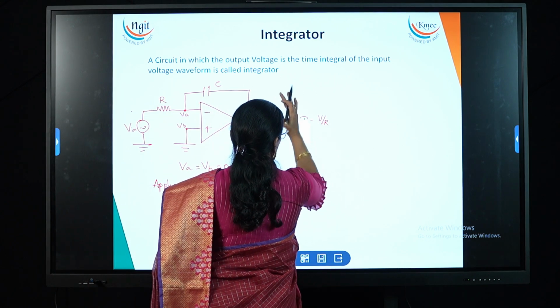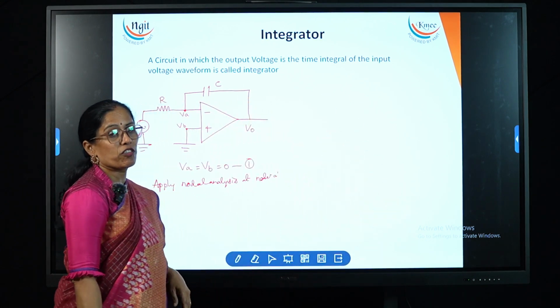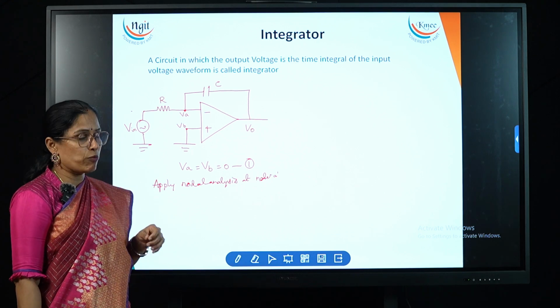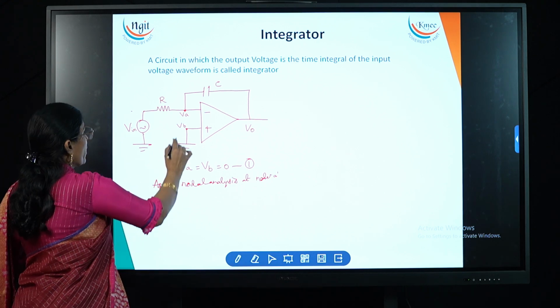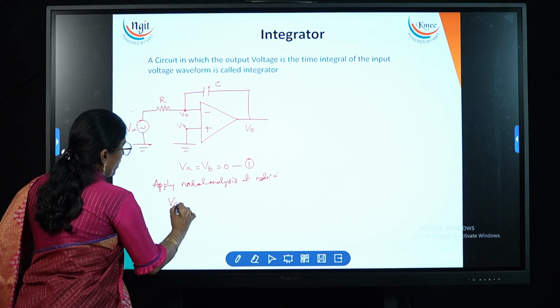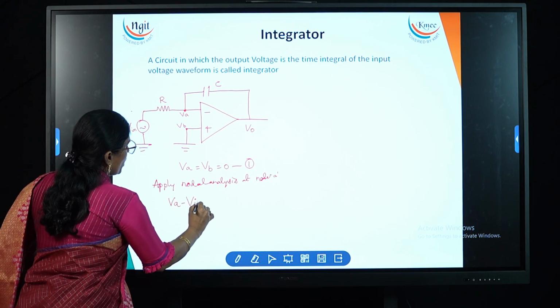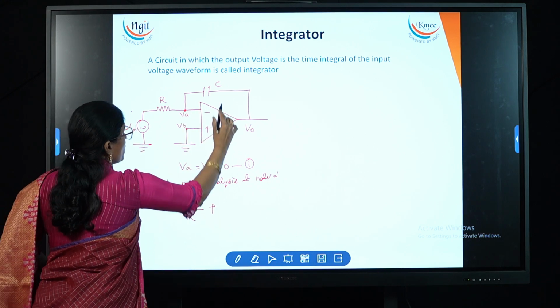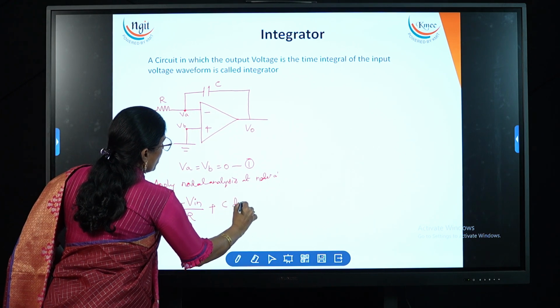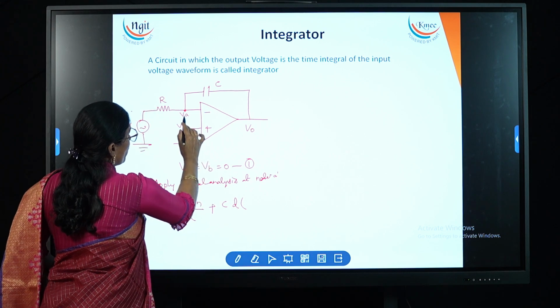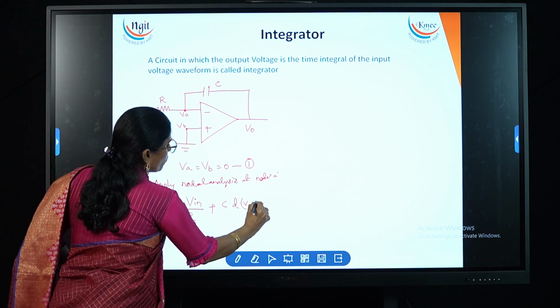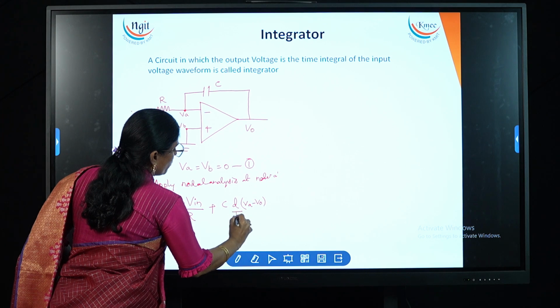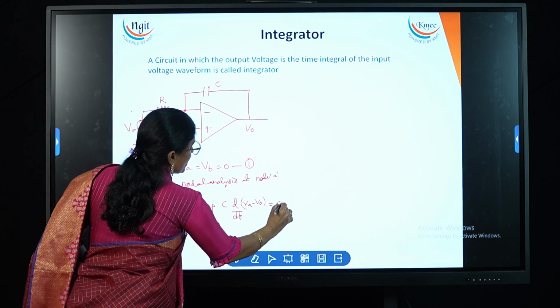Only the difference is how to write the expression for the current flowing through the capacitor. Now if I write the expression, then (VA minus V in) divided by R plus C into dV by dt, where V is VA minus V naught, divided by dt, is equal to 0.